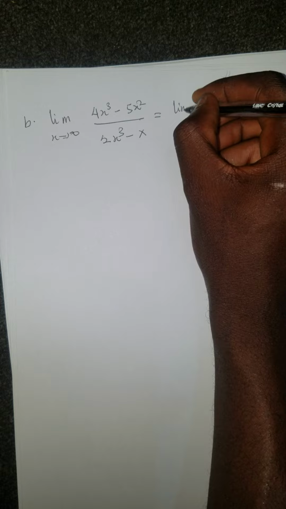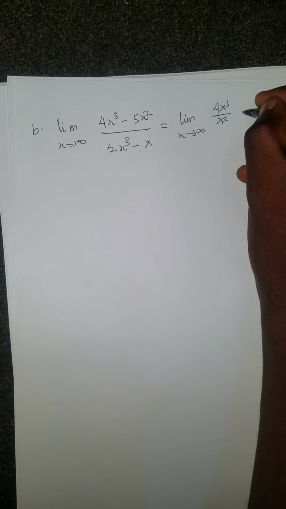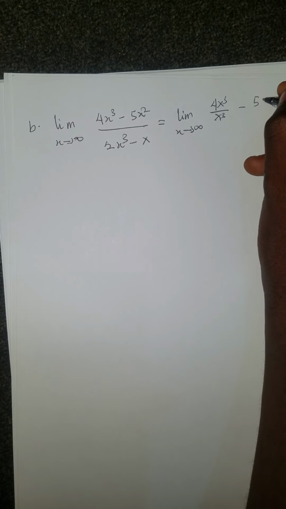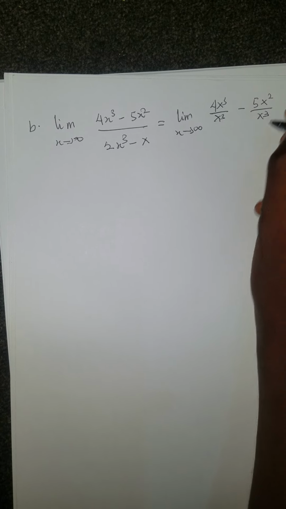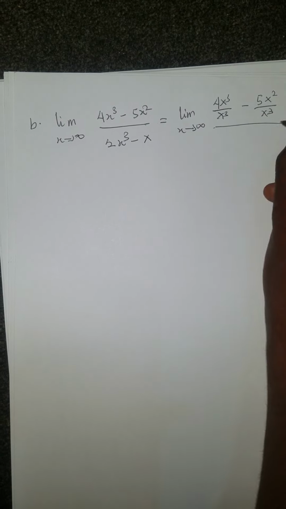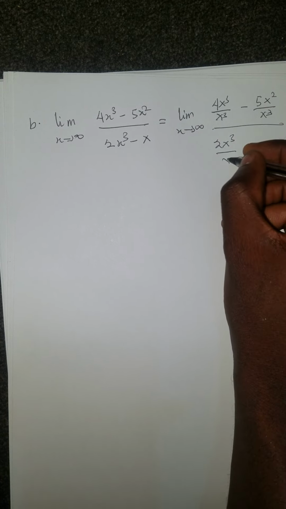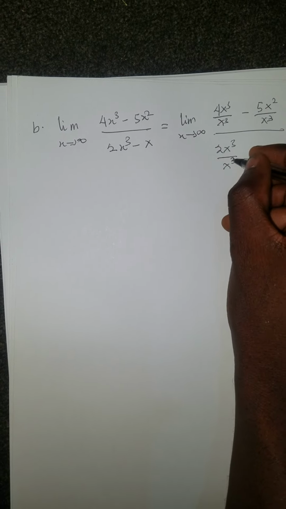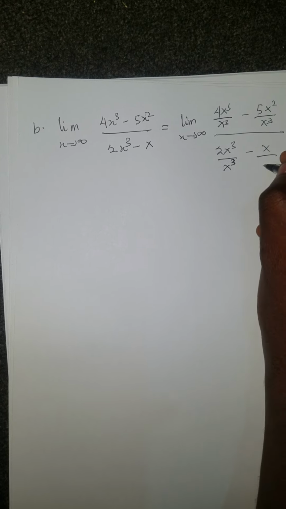So the limit as x approaches infinity of 4x cube over x cube minus 5x squared over x cube, all over 2x cube over x cube, then minus x over x cube.